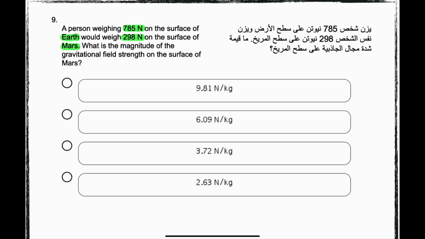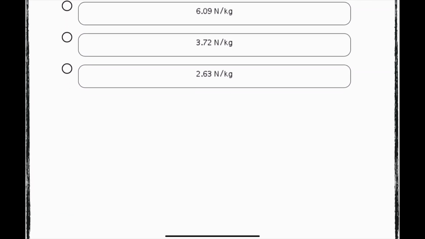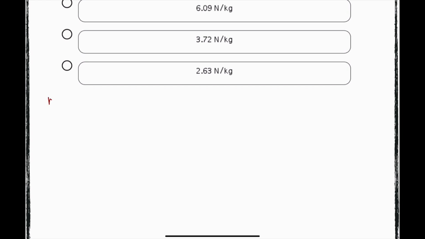So in this question, we know that the mass doesn't change whether it's on Earth, on Mars, on the Moon, whatever. So here we know that the mass on Earth is equal to the mass on Mars. From Newton's second law, F equals ma, which is the same as weight equals mass times the gravitational acceleration g.